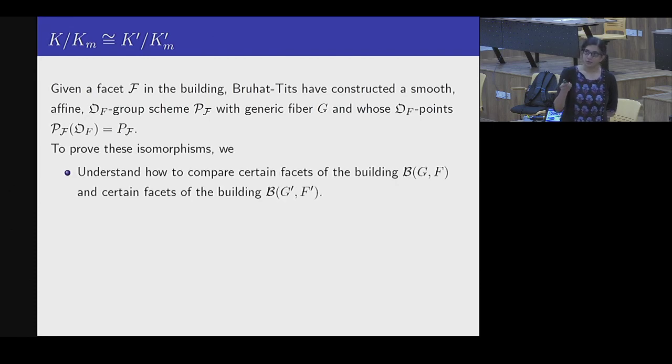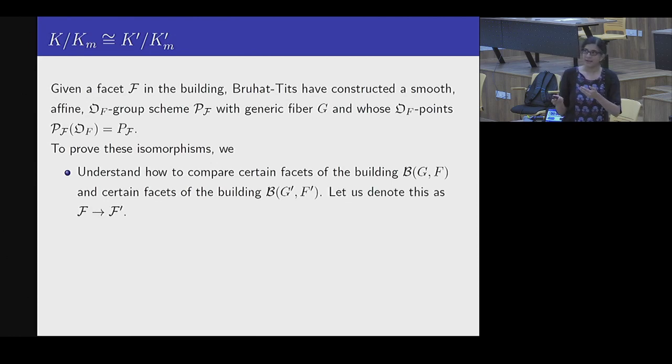So then to prove that K mod K_m is isomorphic to K prime mod K_m prime, first, as I said, one knows how to compare groups now over m-close local fields. We need to understand how to compare certain facets in the Bruhat-Tits building of G over F and the corresponding facets in the Bruhat-Tits building of G prime over F prime.